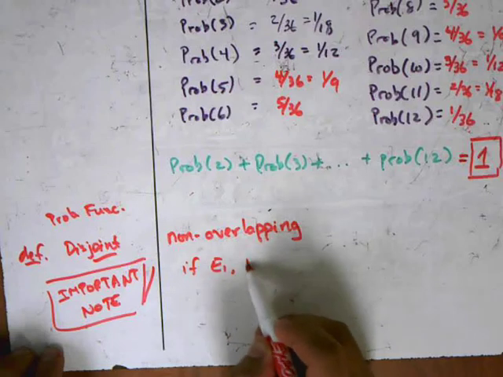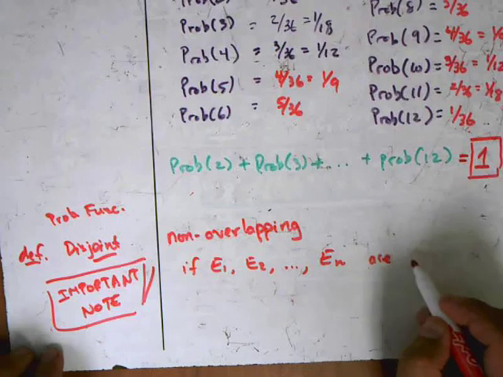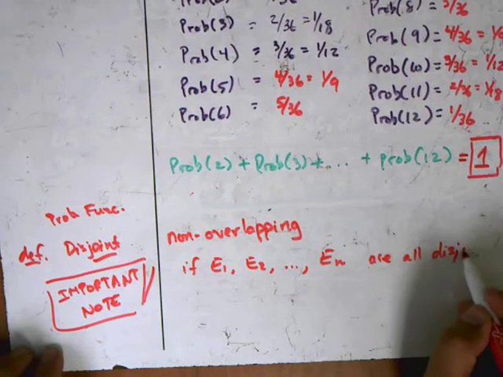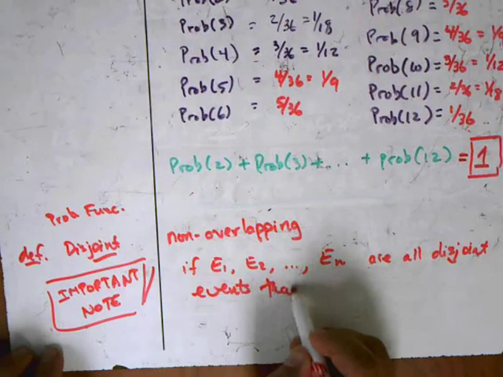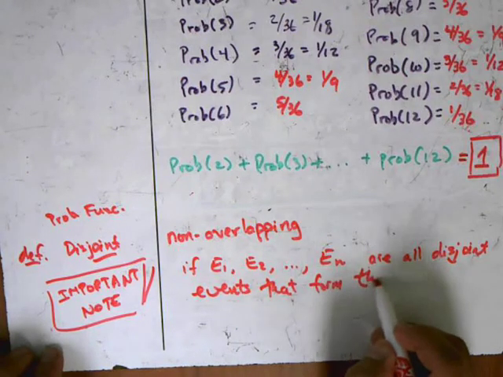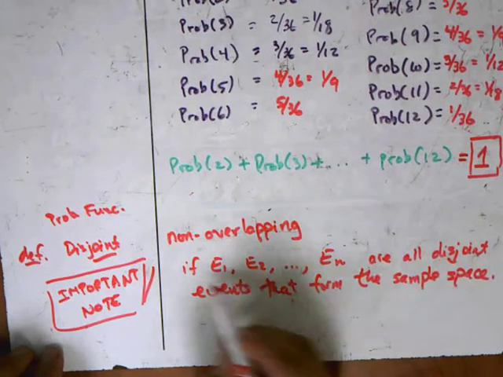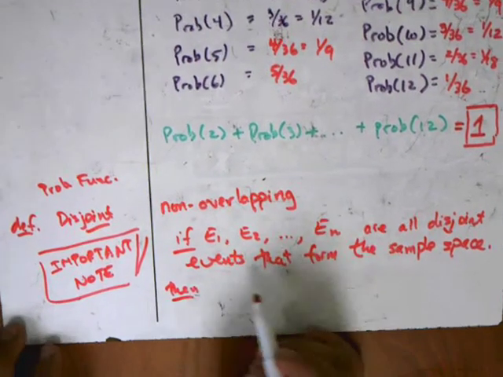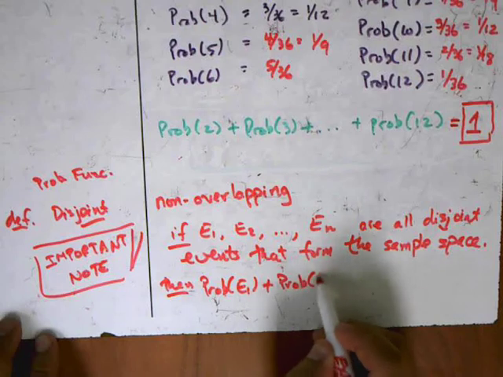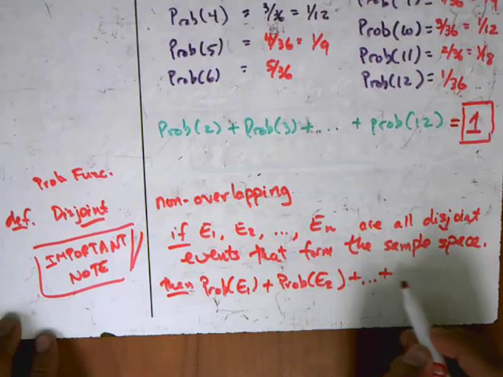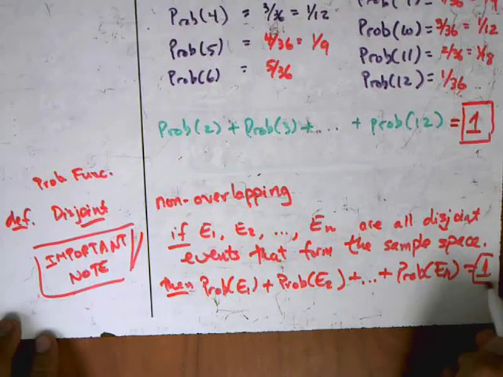So if E1, E2, all the way up to EN are all disjoint events that form the sample space, then the probability of E1 plus probability of E2 plus ... all of these probabilities should be equal to 1.